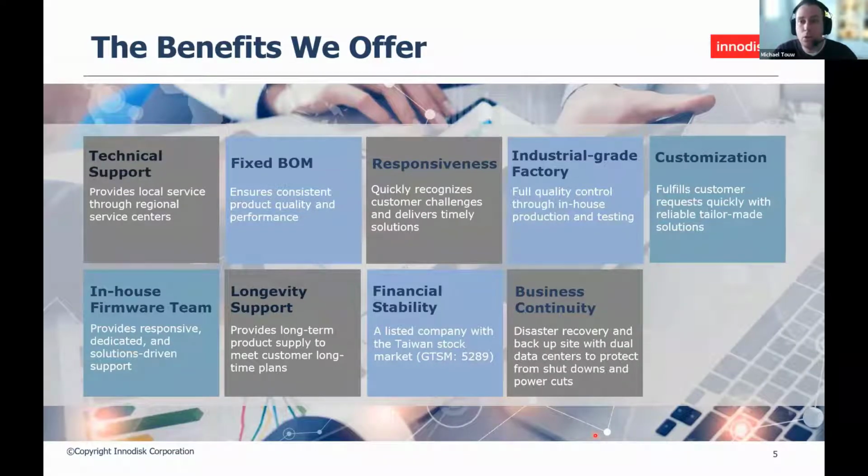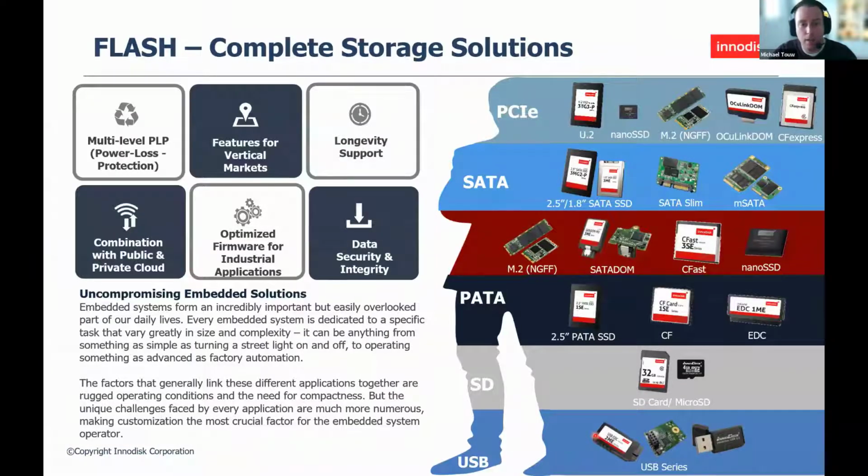So the next part we're going to talk about is our products themselves. And I'm not going to discuss everything purely in detail, because in the end, we will share the presentation with everybody so everybody can get the information. But to give you an idea what we can offer, this is our list of flash products. We can offer everything from simple USB devices, micro SD cards, PATA solutions.